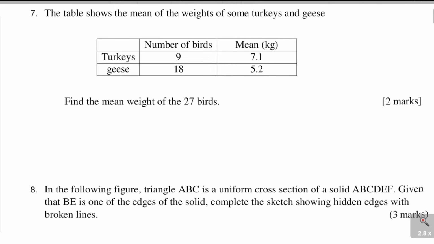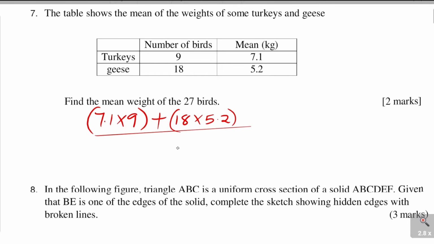So to get the mean of these 27 birds, you're given the mean of 9 turkeys to be 7.1. To get the total weight in kg of 9 turkeys, we shall get 7.1 times 9. And then plus total weight for the geese, which will be 18 times their mean. That will give the total weight in kg. And then to get the mean, we divide by the total number of birds. All these are 27.